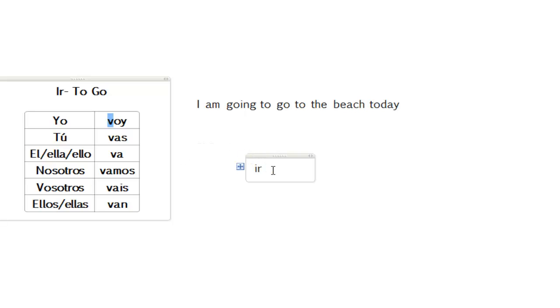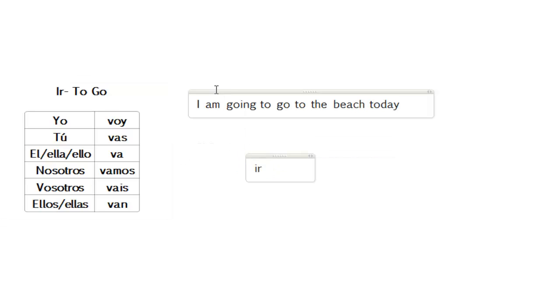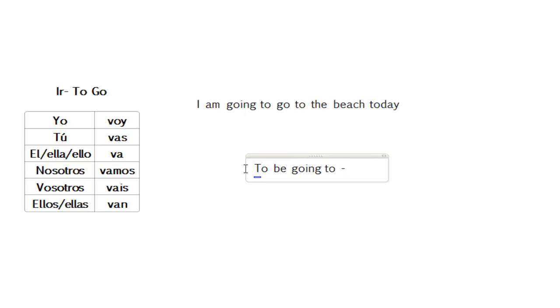Now, in Spanish, "to be going to" is not the same as in English. It is this: ir a. And it's very good because you can say less. You have to say fewer words. So "I'm going to go."